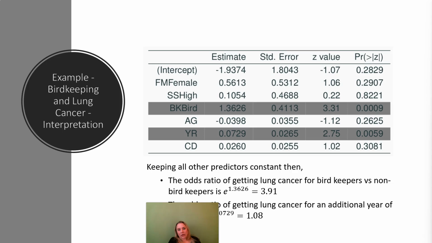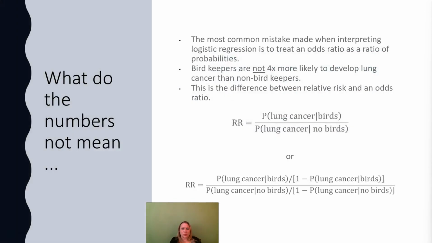And if we're looking at the odds ratio for getting lung cancer for an additional year of smoking, we're going to look at the coefficient for years smoking and exponentiate it to get 1.08. So once again, what do these numbers mean, right?